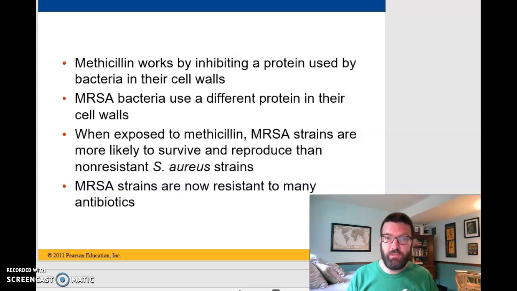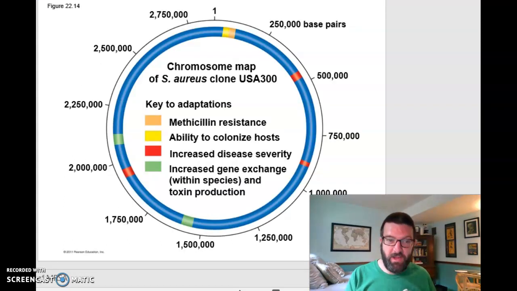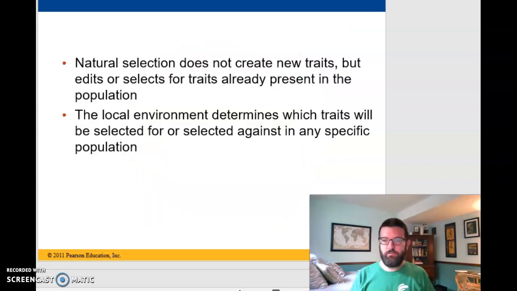It works by inhibiting a protein that bacteria use in their cell walls. MRSA bacteria evolved to use a different protein, and we know where that happened in the genes, right? We can pick it out, and there are now staph strains, I should say, that have evolved resistance to other antibiotics as well.